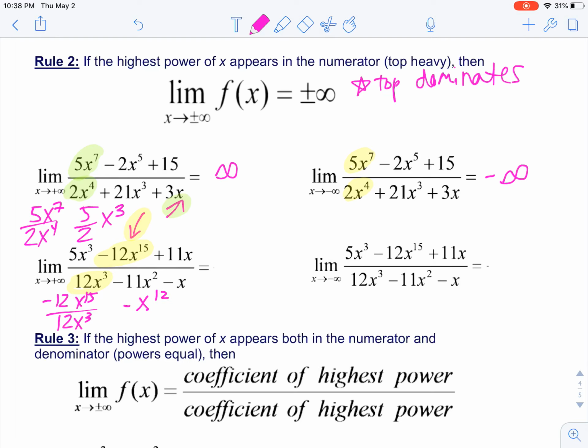That's 15 there. Negative x to the 12th. Okay, so we have an even negative function. So even negative is going to start down, end down. So as I'm approaching positive infinity on the right-hand side, it's going towards negative infinity.